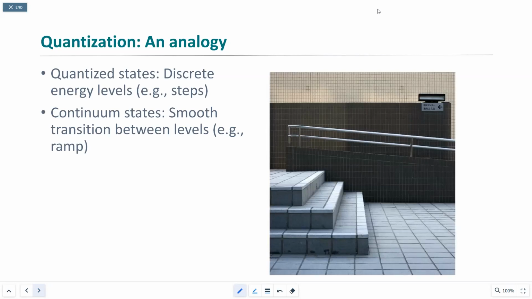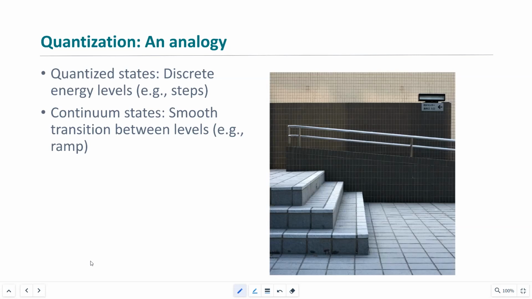Here's a relatively simple drawing, a simple example. Imagine that you need to go from the top of the stairs to the bottom of the stairs. Well, there are two ways that you can go about it. There are the steps themselves, or you can take the ramp.